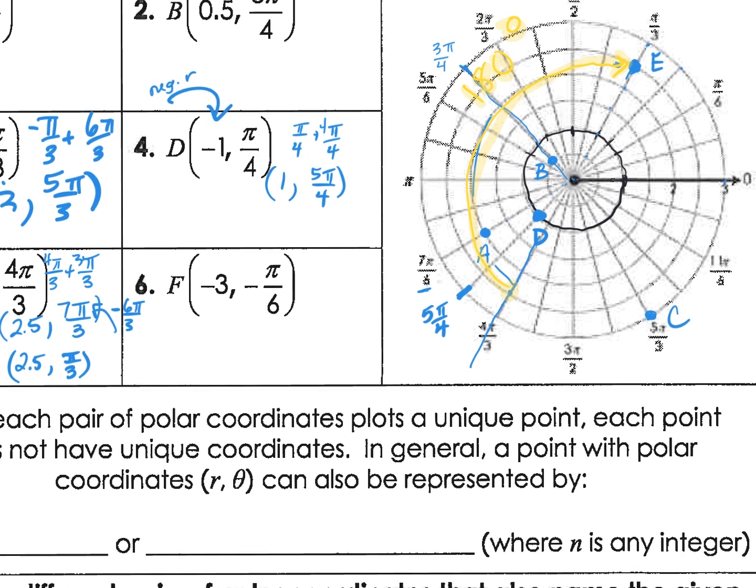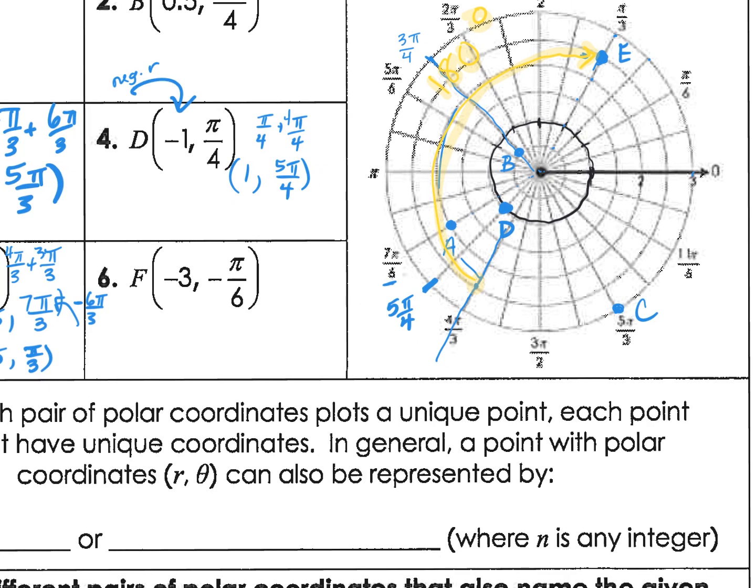So let's try another one that way. Negative 3, negative pi over 6. The first thing is we have to get negative pi over 6 as a positive. Negative pi over 6 plus 2 pi, which is the same as 12 pi over 6, is negative 3, 11 pi over 6. So 11 pi over 6 is here. Negative 3 would be here, but now we want to take that all the way across in a straight line, 180 degrees, right?